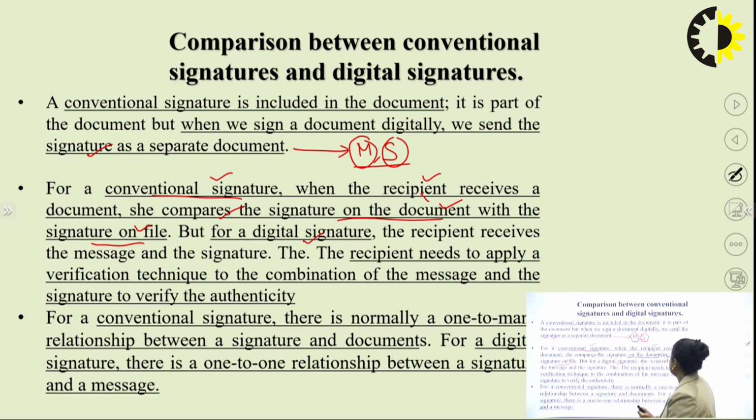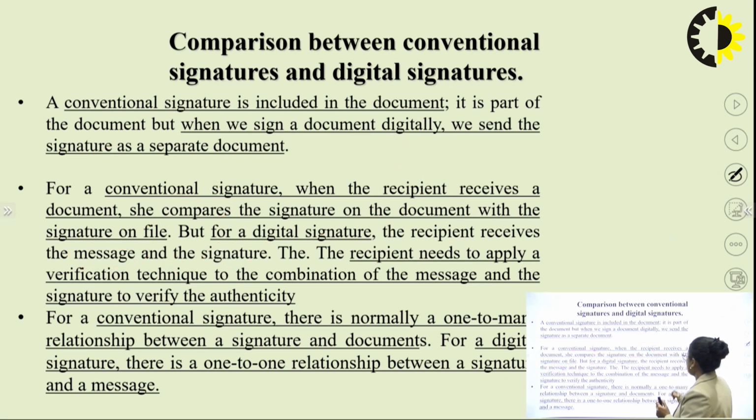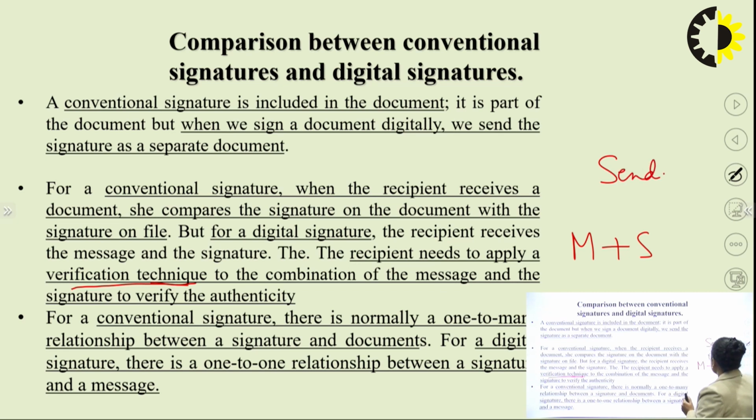But in the case of digital signature, if you remember, as I told, the message as well as the signature are sent by the sender to the receiver.